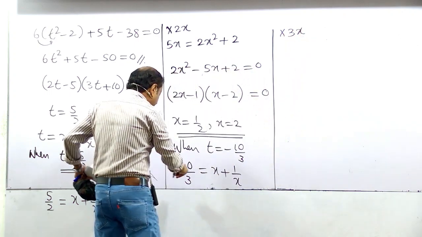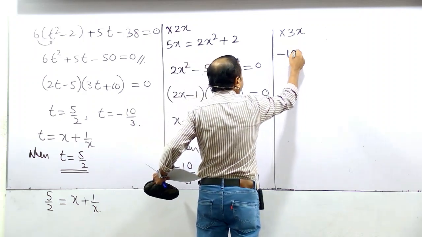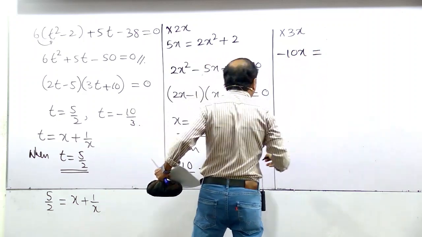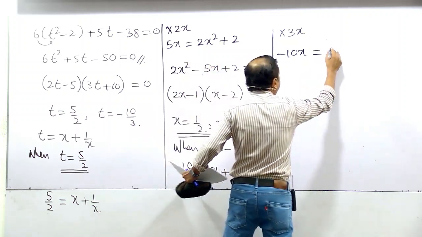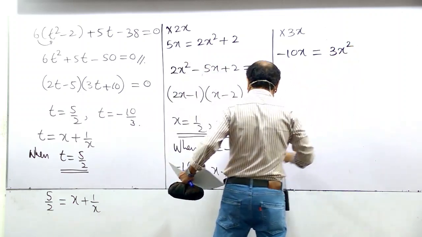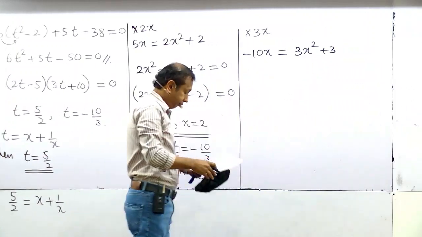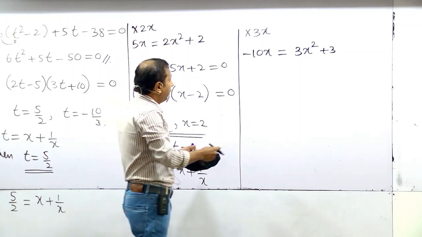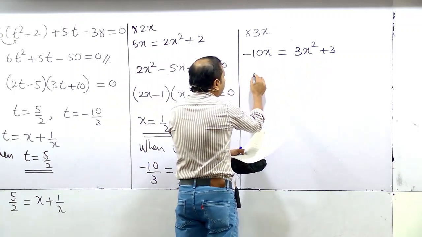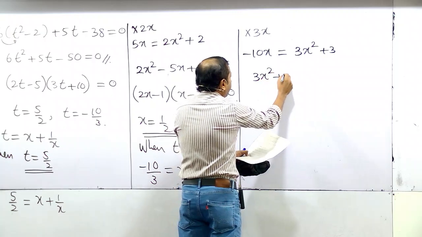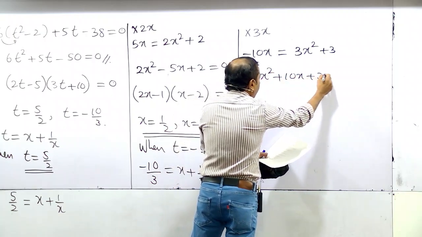Then we get minus 10x here, 3x squared here, and here we get 3. Then taking this to the right hand side, we get 3x squared plus 10x plus 3 equals 0.